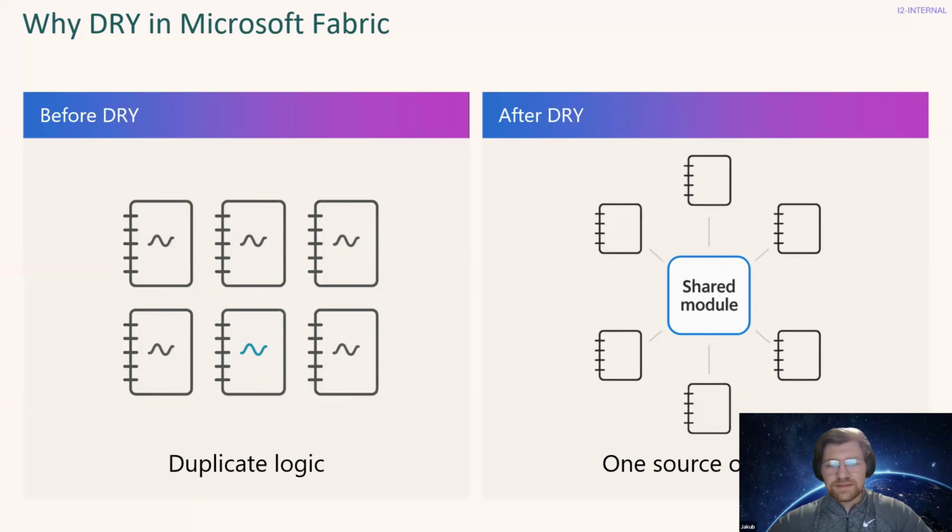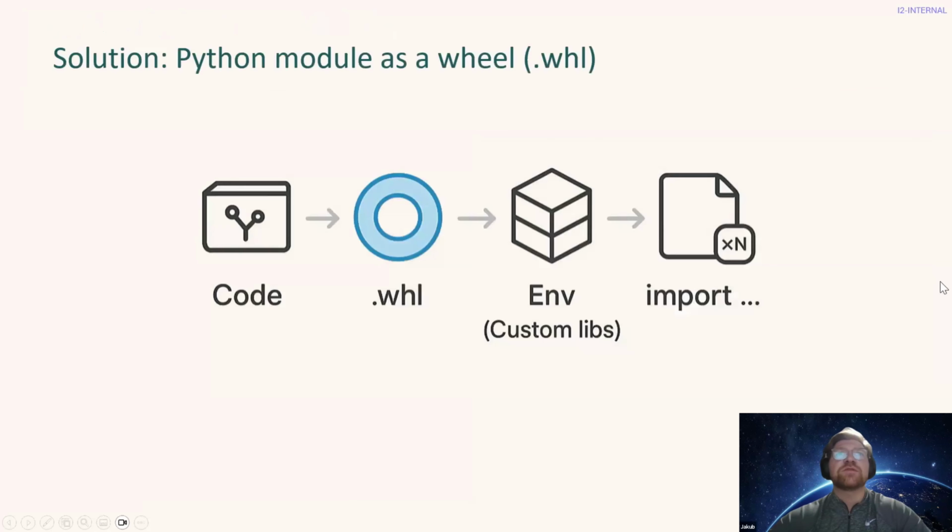The rule is that you have just one source of truth. Any code which is shared among developers in your team, you can share it. You can certify it as well as the other items which I mentioned before.